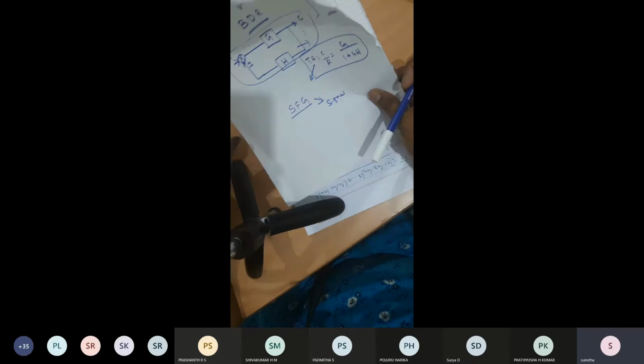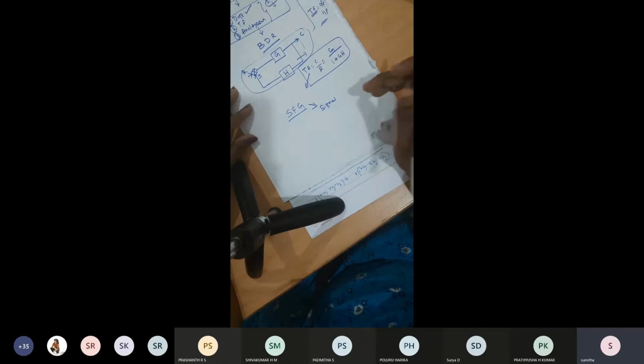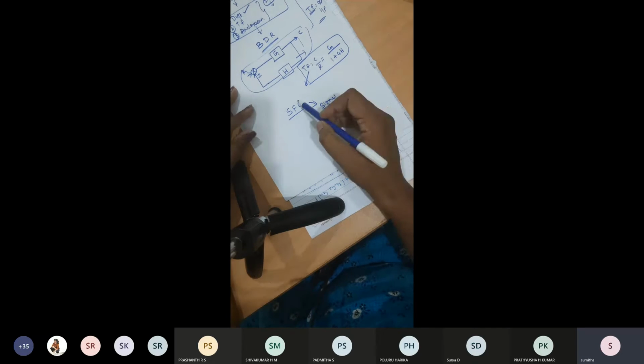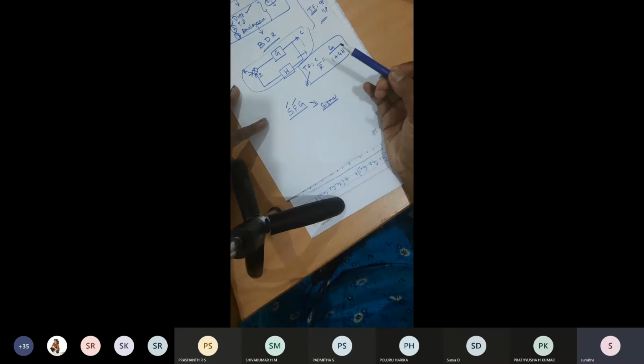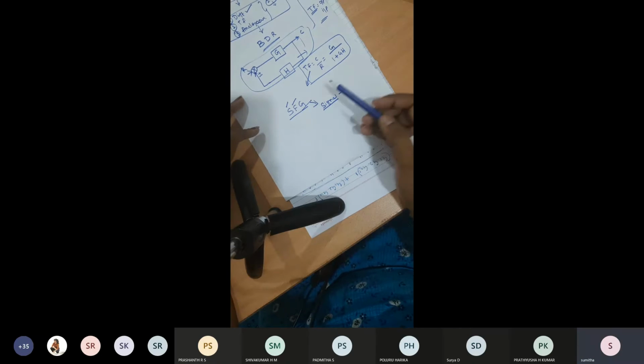We are going to represent them in terms of signal, how they are flowing, depending upon the direction of signal flow. You are going to draw the graph. This is called signal flow graph.